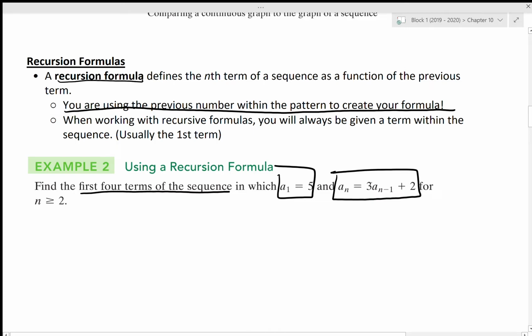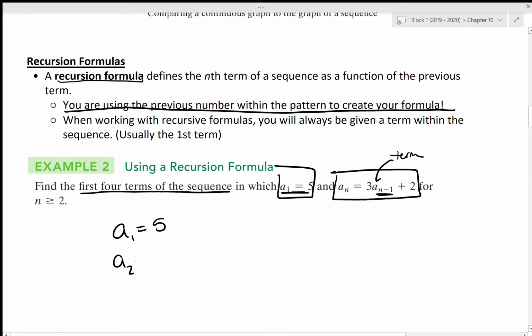So see how you see a term within the pattern? You need the previous term, that's why n minus 1, in order to find the next term. That's why you have to be given a term to start with, because if you don't have a term given, then you don't know where to start from. So my first term, because I want the first 4 terms, was already given to me, 5.